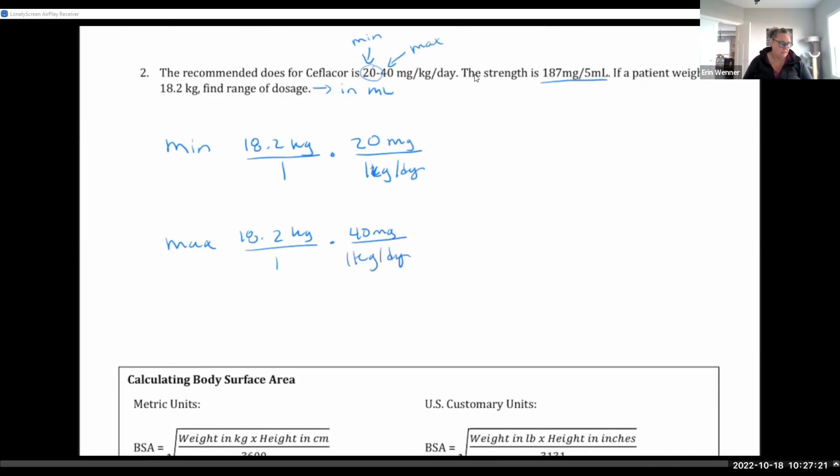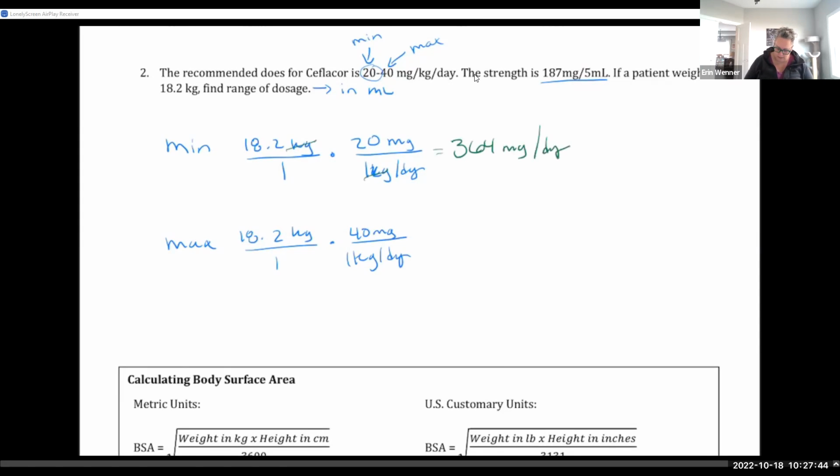Before we get into the strength, we want to simplify this to know the minimum and maximum number of milligrams per day. So we're going to multiply through. Our kilograms will cancel, and we're going to have 18.2 times 20, which gives us 364 milligrams per day.